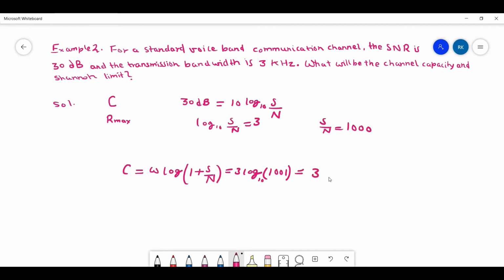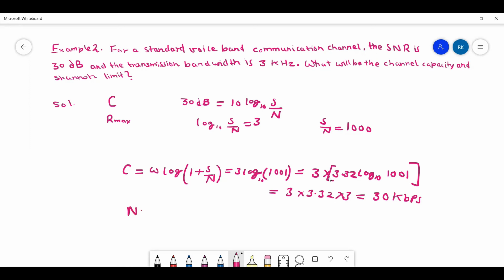That comes out to be 3 into 3.32 log 10 into 1001, which in turn becomes 3 into 3.32 into 3, and that will become 30 kbps, 30 kilobits per second. Okay, so that is the channel capacity for this given problem.